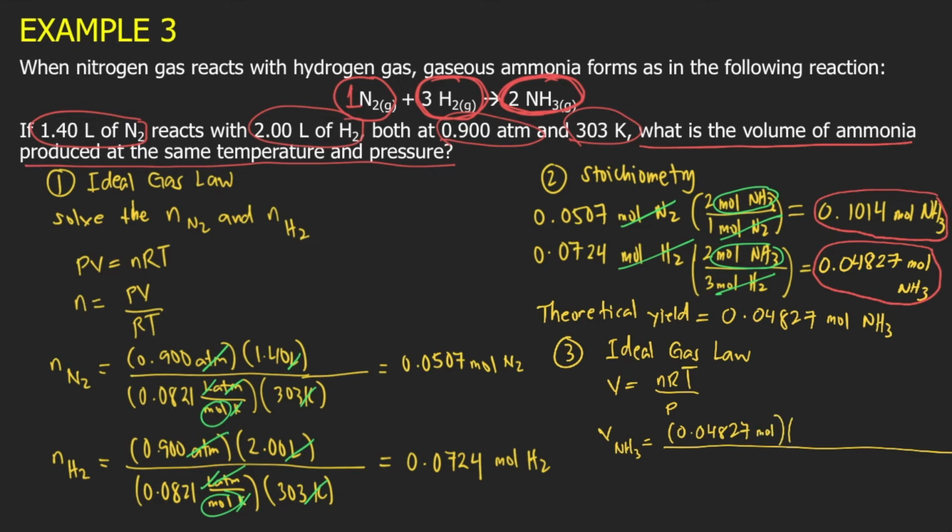R is the gas constant, 0.0821 liter atmosphere per mole Kelvin. And T is the temperature, 303 Kelvin.